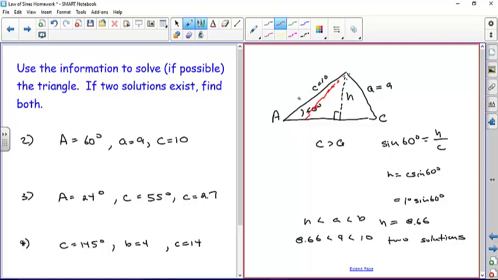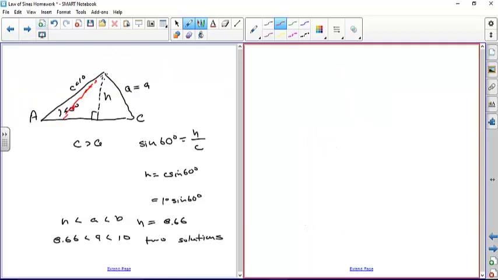So the question is, what are the two solutions? How do you figure out what the two solutions are? So the law of sines still applies.